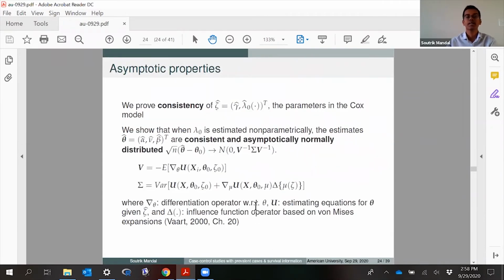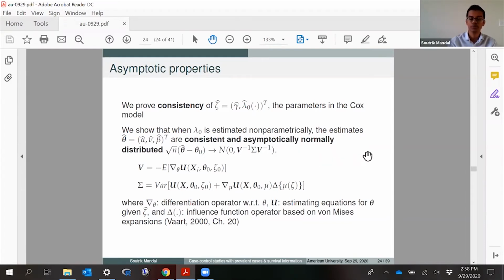Okay. And I will spend only one slide on asymptotic properties without going into the details of them. So we prove consistency of the Cox model parameters, zeta hat, and we show that when the baseline hazard is estimated non-parametrically, the estimates alpha hat, mu hat, beta hat are consistent and asymptotically normally distributed.